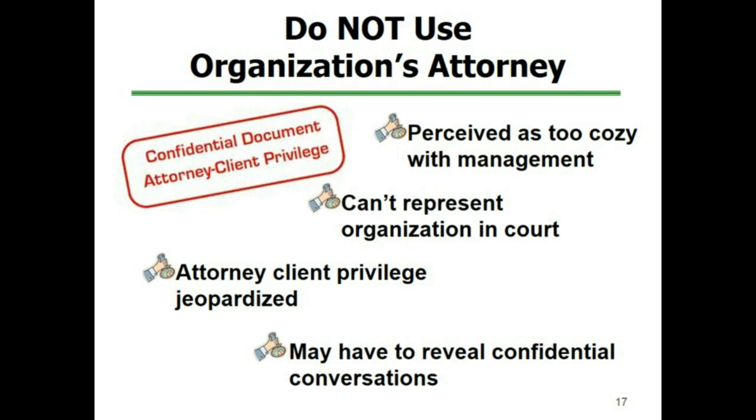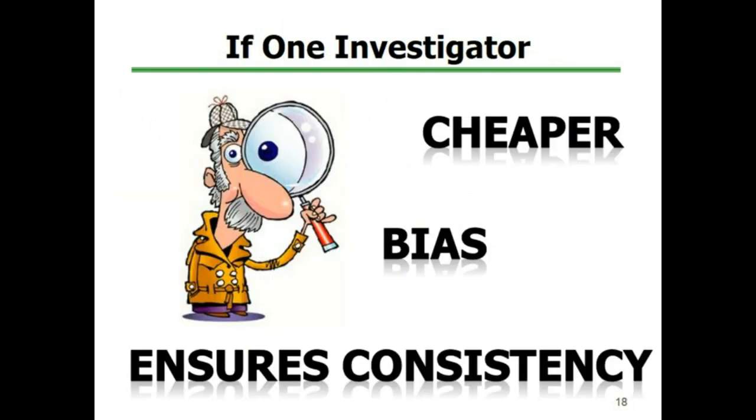That may be changing and something for you to think about. So let's look at whether you would be the only investigator or if there might be two investigators. First of all, if you're using only one investigator, certainly it will be cheaper. Now, I don't know if those of you that are on today would all be external investigators or, in fact, if you are employed by an organization as their attorney.